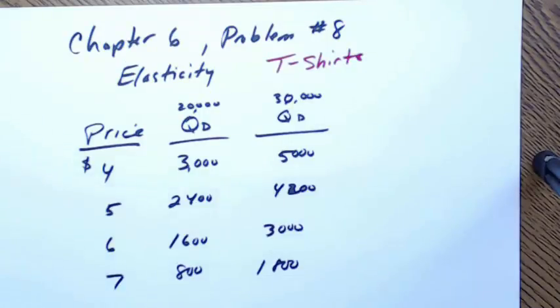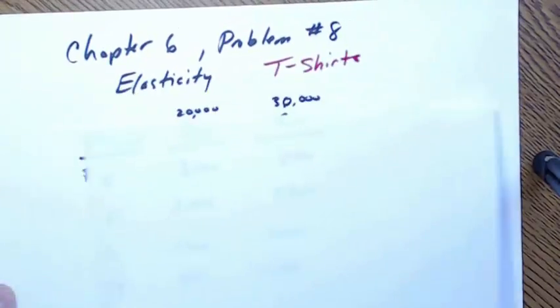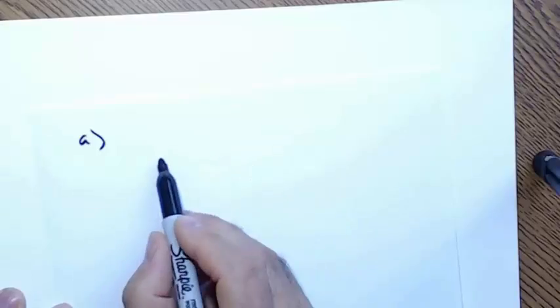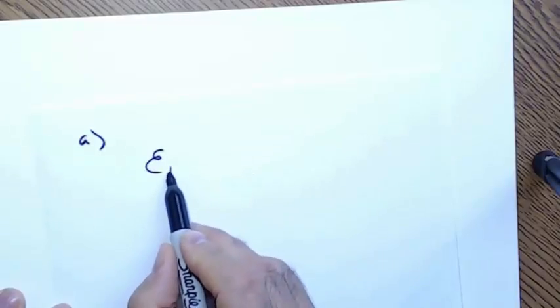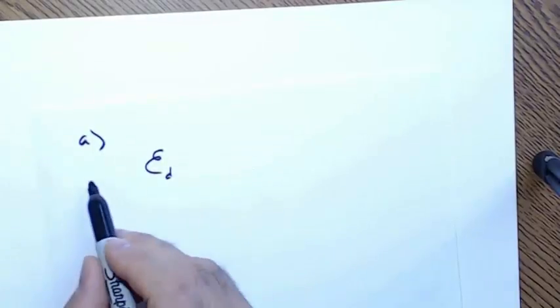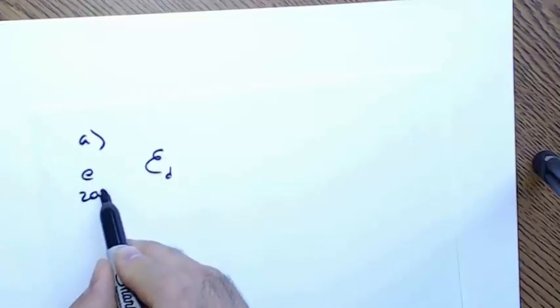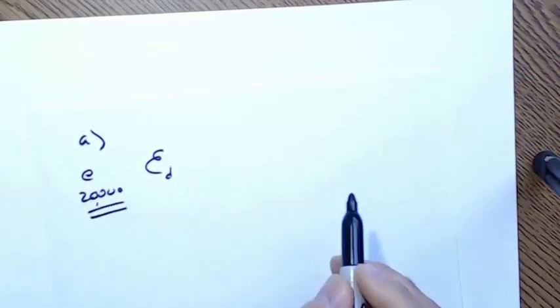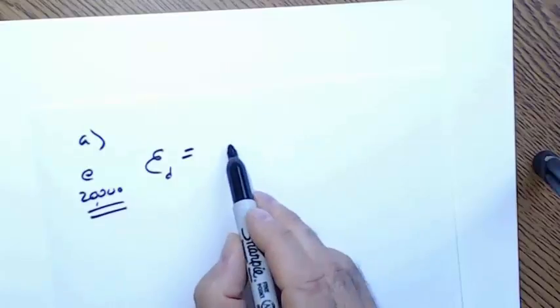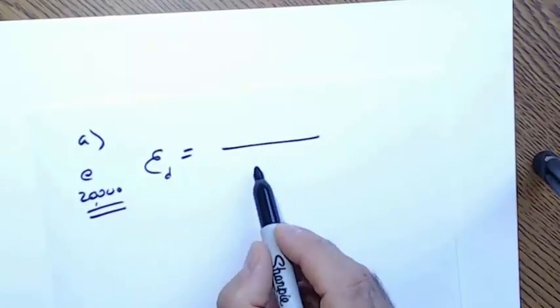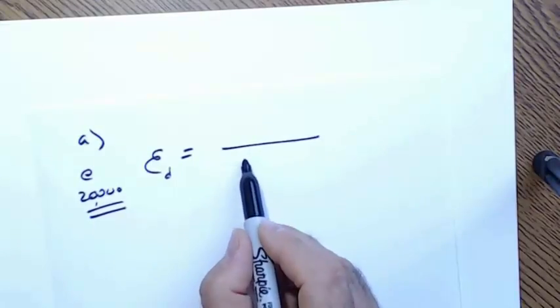So let me do the calculations here. Part A, midpoint method for price elasticity of demand at $20,000. The price goes from $5 to $6.